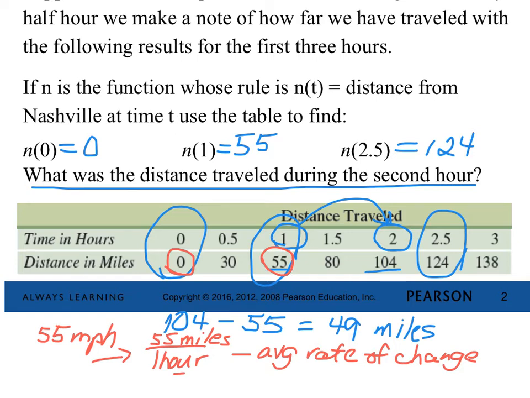That also means that during our second hour, we had gone 49 miles, and our average rate of change was 49 miles per hour. So here, the average rate of change we're talking about is actually what we think of as speed. That's what speed is: how far did you go over a set amount of time.